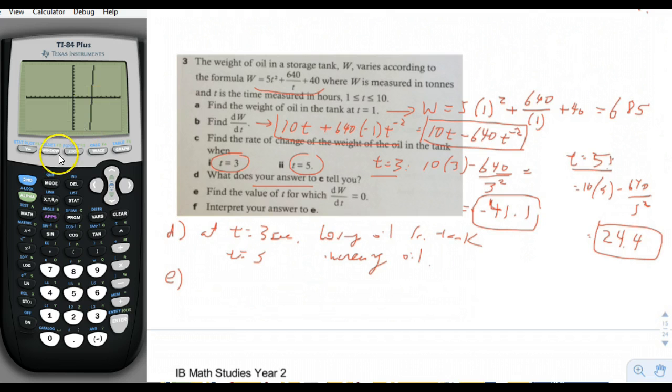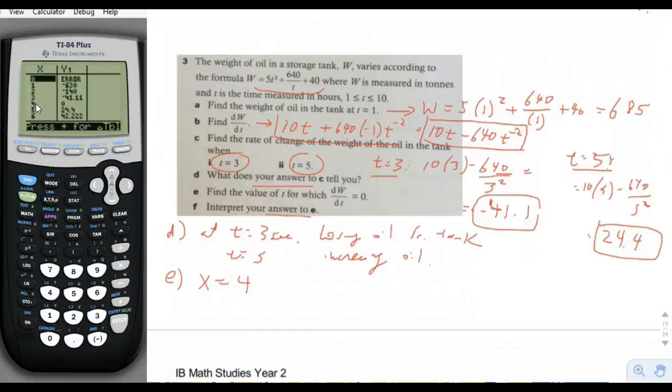Okay, so maybe we can find it using second table. And yeah, we can. So right at x equals 4 is when it's equal to 0, right? So interpret your answer to E. I'm sorry, it's not x, it's t, right? Because we changed our t's to x's. So at t equals 4, dw/dt is equal to 0.